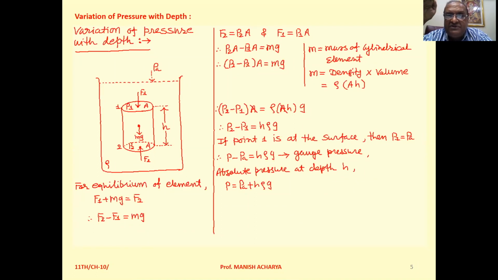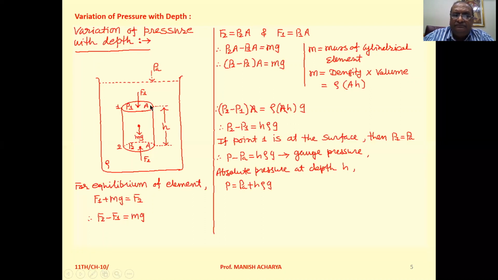So the pressure exerted on that particular surface is atmospheric pressure, say PA. Now suppose here we want to calculate the variation in pressure with the depth in this fluid.